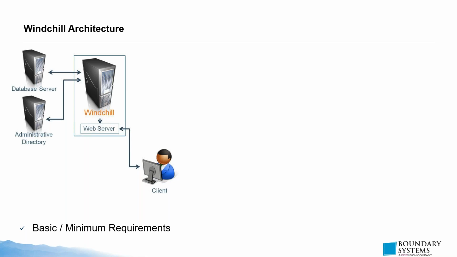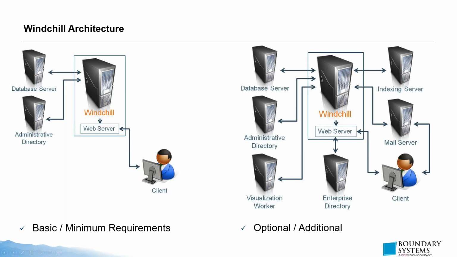That's usually the minimum that you need for Windchill. That can be expanded with optional components depending on your requirements, and these are not all of them. I'm going to quickly run through all of them and what they are used for.